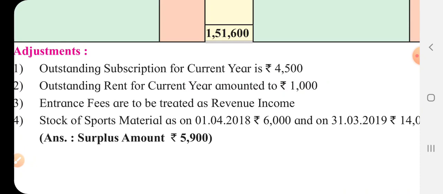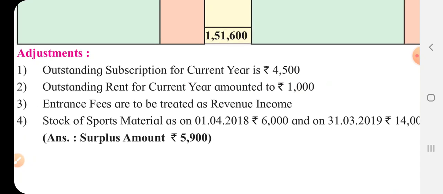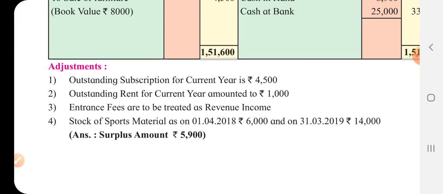Entrance fees are to be treated as revenue income. Okay, we are going to show entrance fees on the credit side of income and expenditure account. And this is the only challenging adjustment here. What is that? Stock of sports material on 1st April 2018.